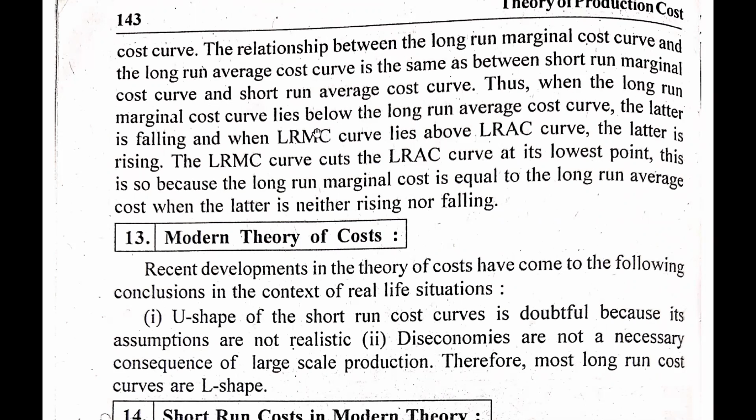Thus, when the long run marginal cost curve lies below the long run average cost curve, the latter is falling, and when it lies above, the latter is rising. The long run marginal cost curve cuts the long run average cost curve at its lowest point. This is so because long run marginal cost is equal to long run average cost when the latter is neither rising nor falling.